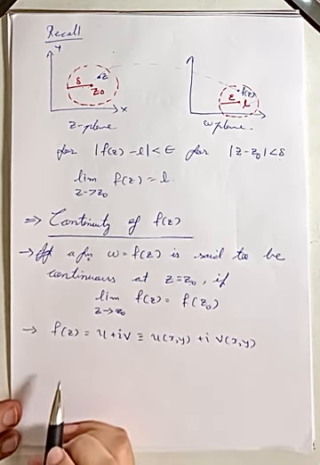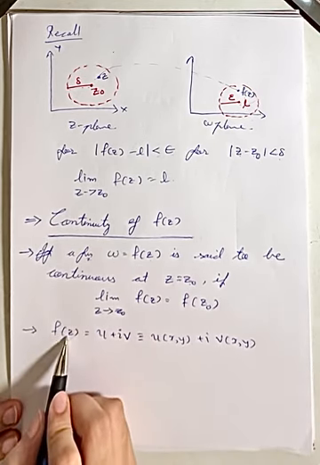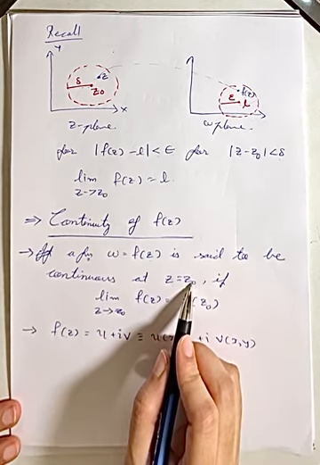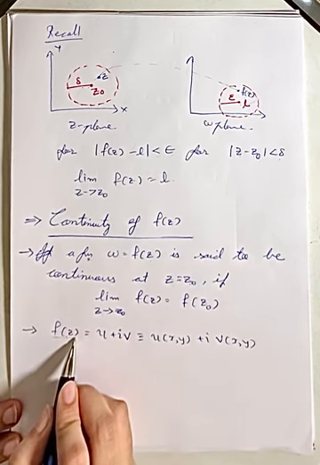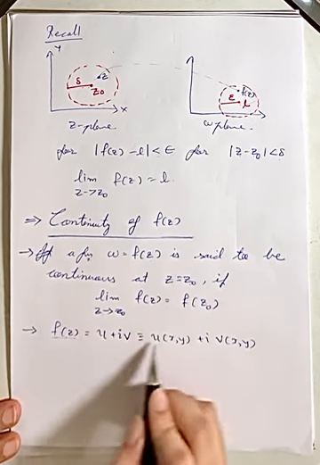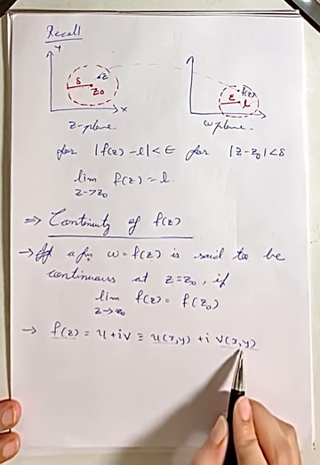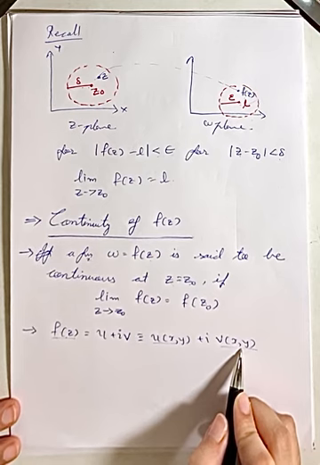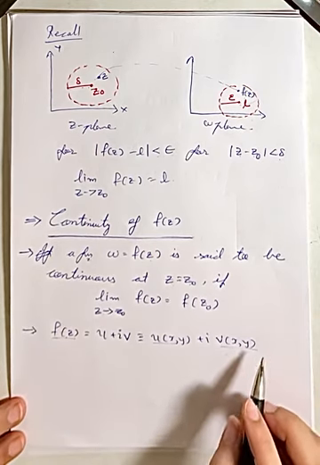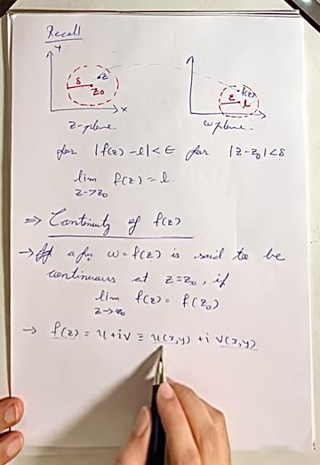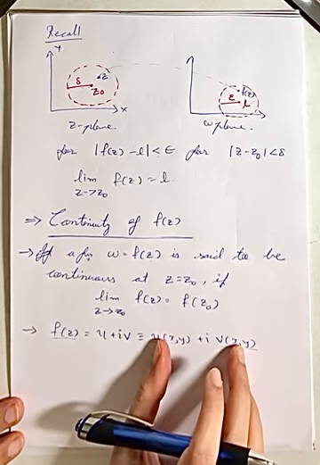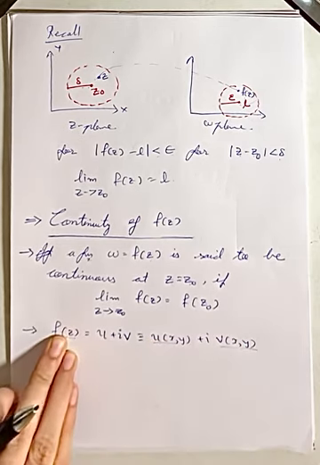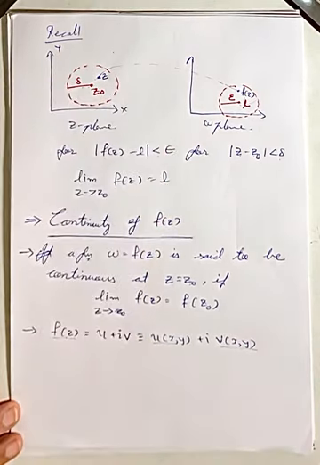Now if this f of z is continuous at z equals z0, then u and v will also be continuous at z equals z0. And we can define the same thing vice versa, that if u and v, both the parts, are continuous at z equals z0, then f of z will also be continuous at z equals z0.